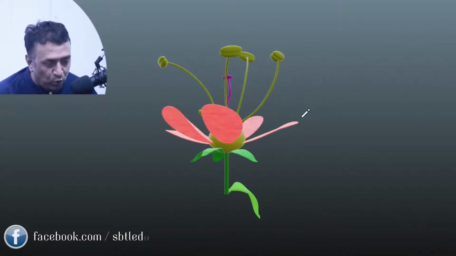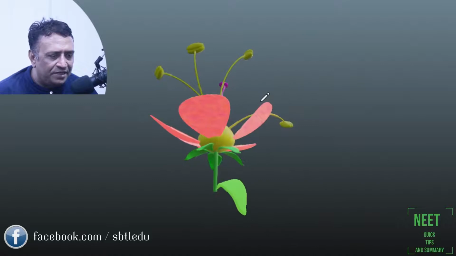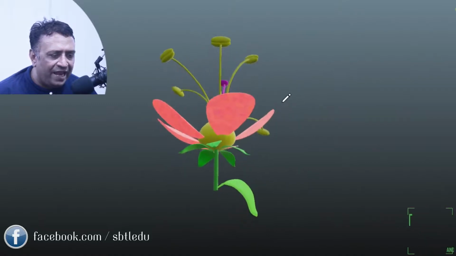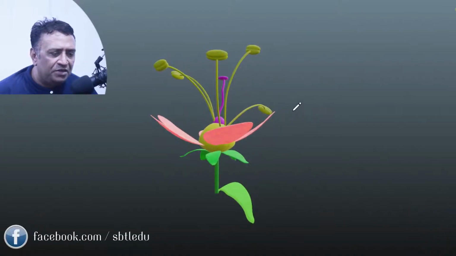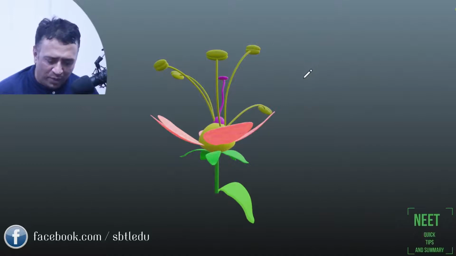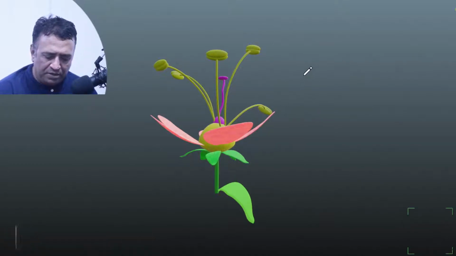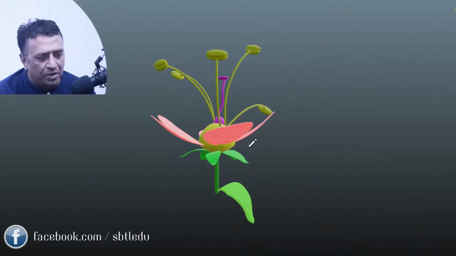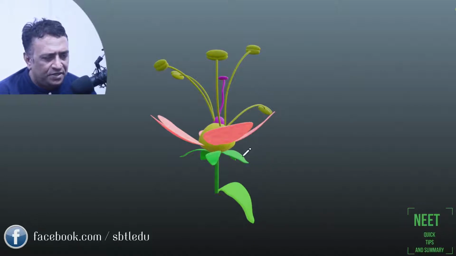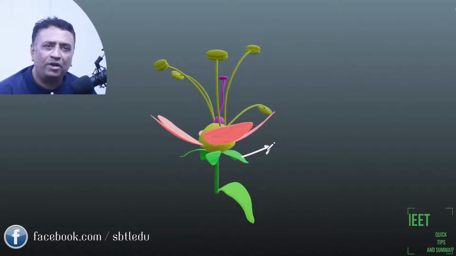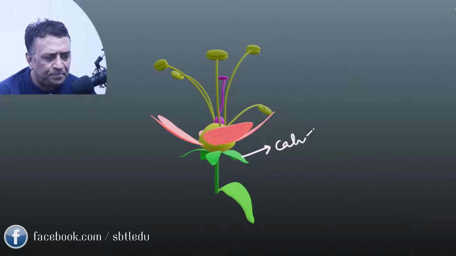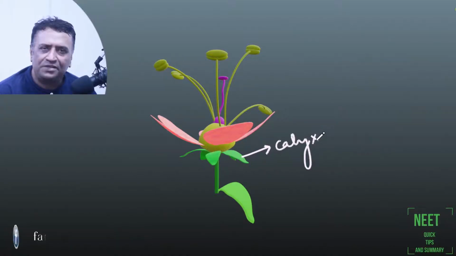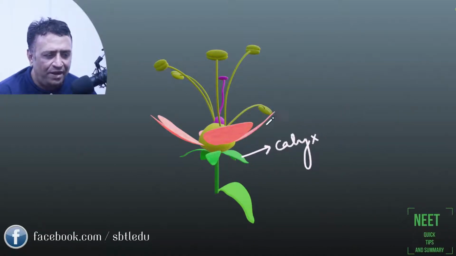then you can note that this flower has the four usual floral whorls. This is the outermost floral whorl that is called calyx. Its single member is called sepal.